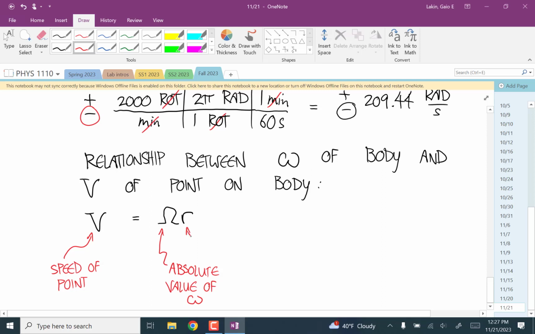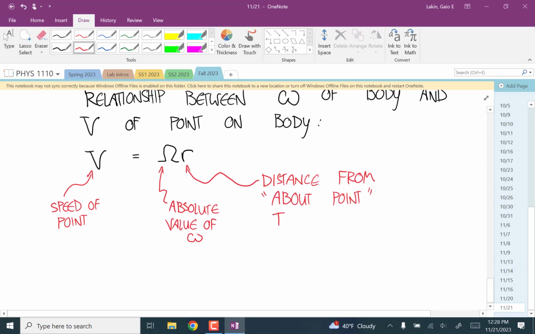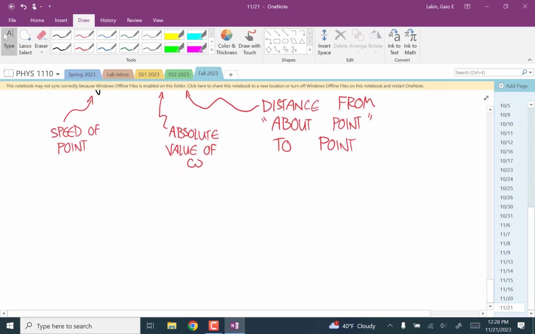And then r is the distance from the about point to the point, the point of interest, the point that you care about. So let's do an example, and we'll see for a given rigid body how we can figure out the velocity vector of a point.